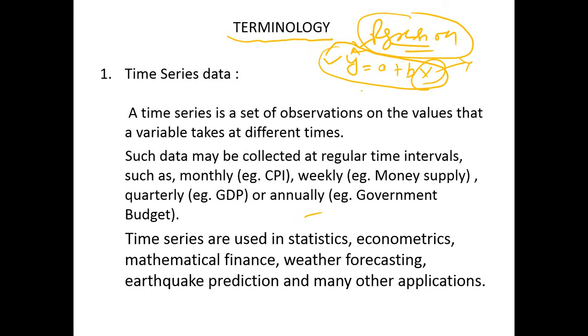Many times you will come across a scenario where you only have the y values for different time periods, and you do not have any x, or you don't know what the factors or variables related to your y are.